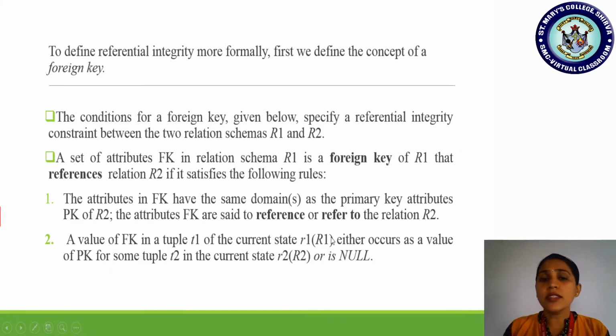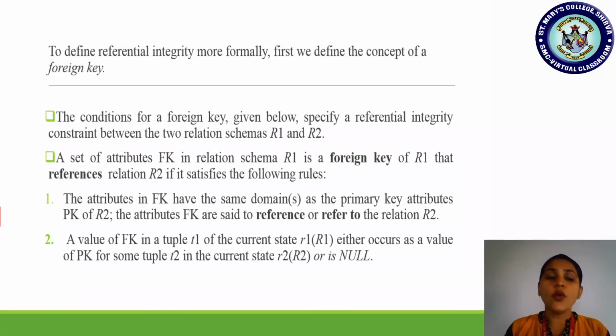So it is in which relation? The employee relation, so that is called relation 1. It either occurs as a value of primary key for some tuple T2. It means the DNO found in the employee relation row is found as a primary key value in one of the tuples in the current state of relation 2, which is the department relation.